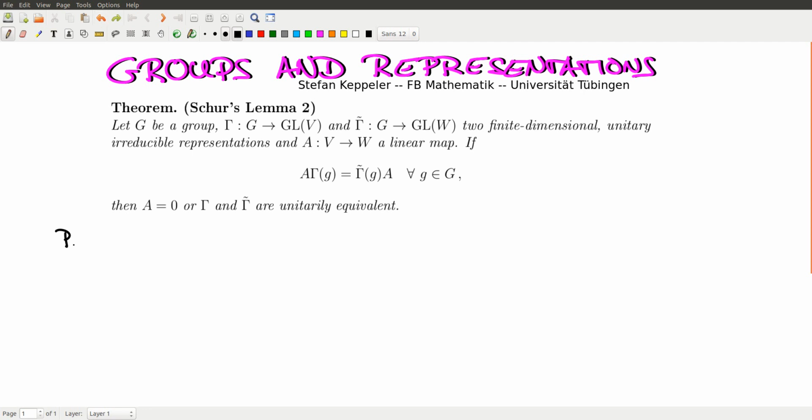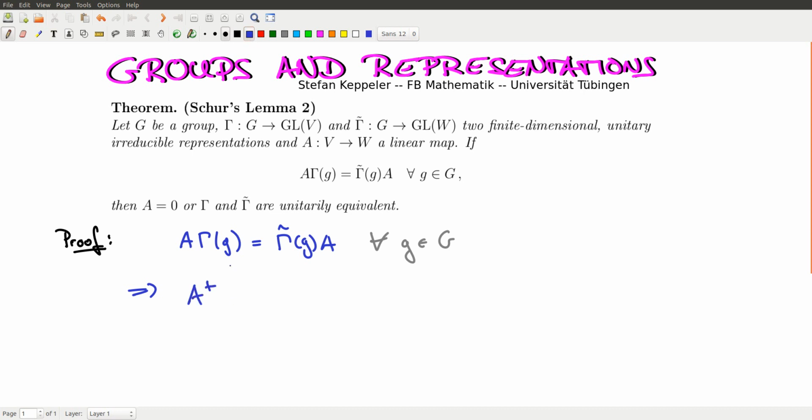Okay, let's show this. First copy this condition here: A times gamma of G is gamma tilde of G times A for all group elements. Let's take the Hermitian conjugate of this.